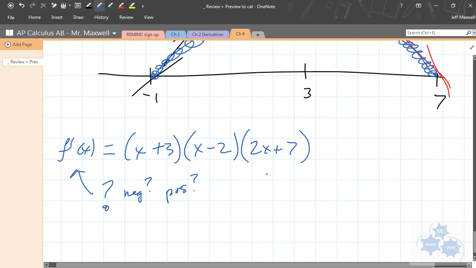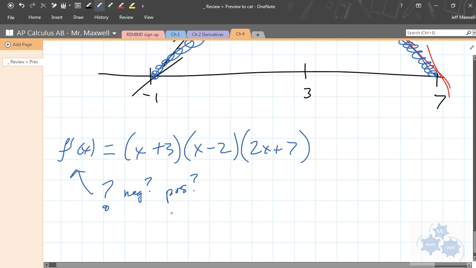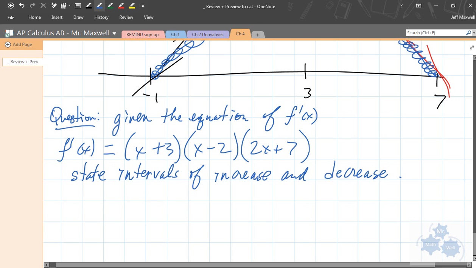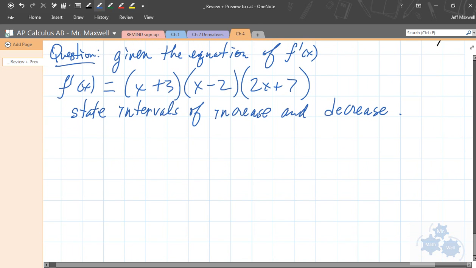And how would we do that? What's the skill we just previewed or just reviewed? Sign analysis, okay? So let's just pause for a second and frame this question, and then we'll figure it out. So if this is the question we're going to look at here, we could figure this out using sign analysis.